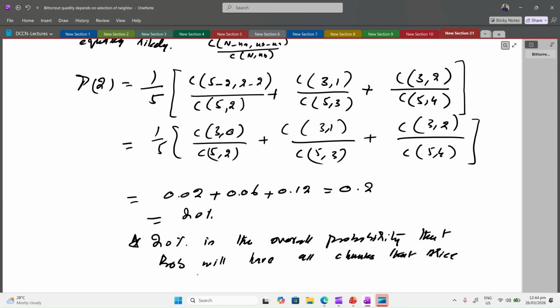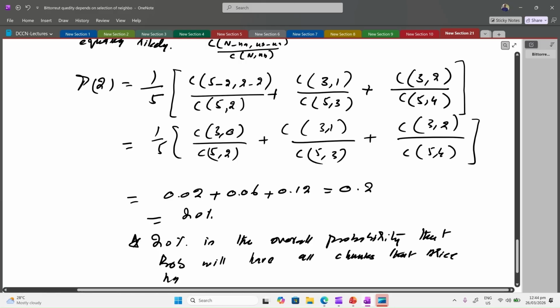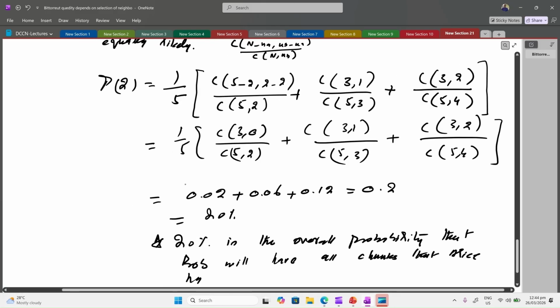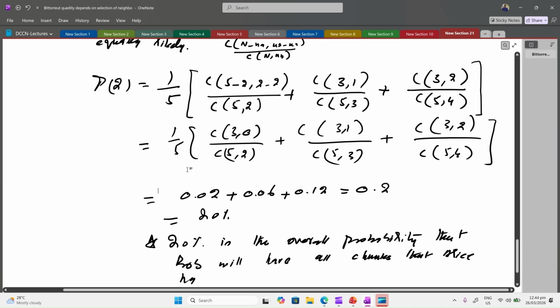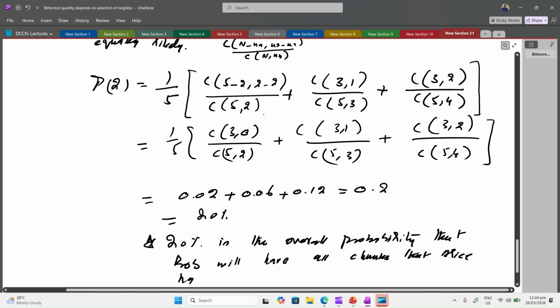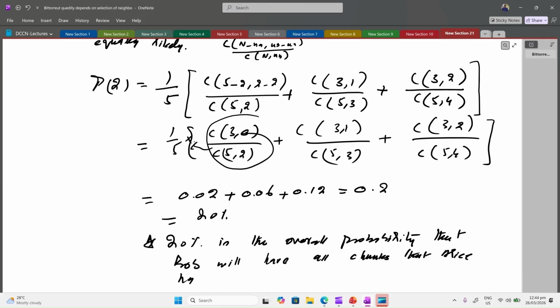Okay. So how I'm getting this value, I leave it to you. I think you can calculate it now. I will solve it, and I will multiply this with 1 by 5, and similarly I can get the rest of the values. Okay.